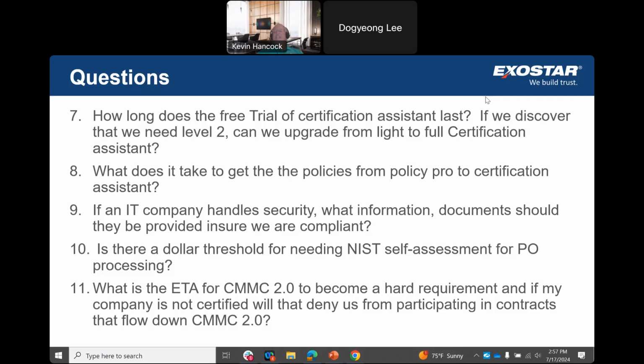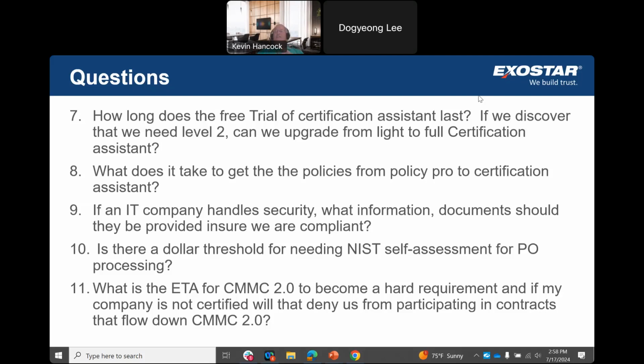And then on the ETA, I think we covered this as part of the overall session. That was one of the first slides on that implementation timeline. We expect CMMC to be finalized again in the first quarter of 2025.